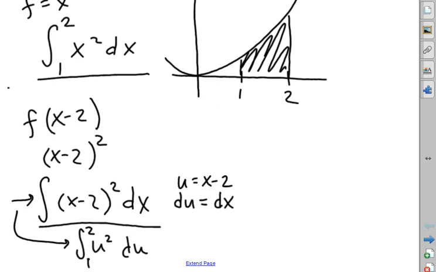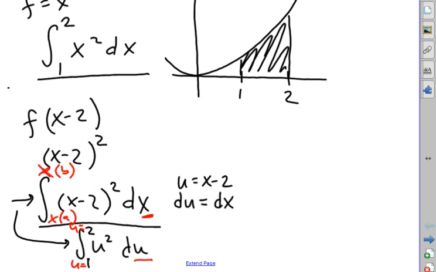So when I use u-substitution with definite integration, these limits, when we're taking with respect to x, are supposed to be x limits. Let's call this x at b, and this x at a. Down here, with the u substitution, these are u limits. So the integral from 1 to 2 of u squared is the same thing as the integral from 1 to 2 of x squared.